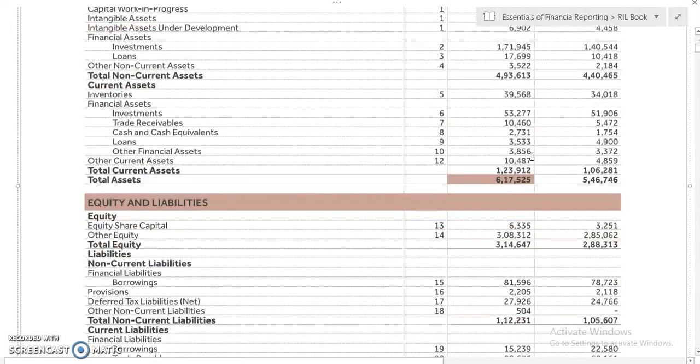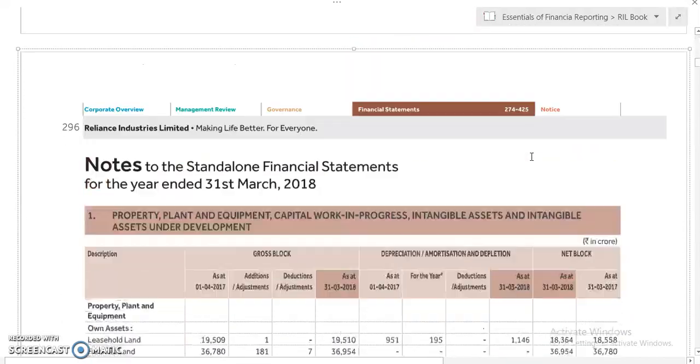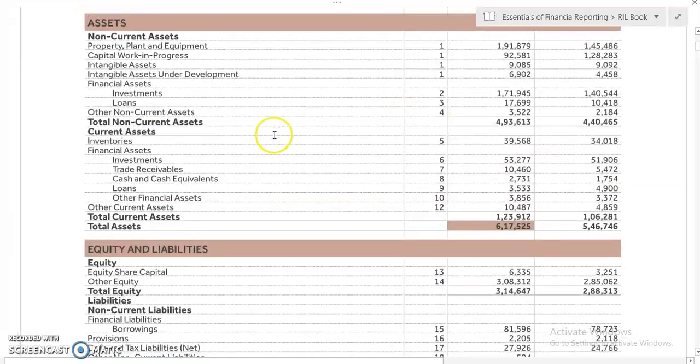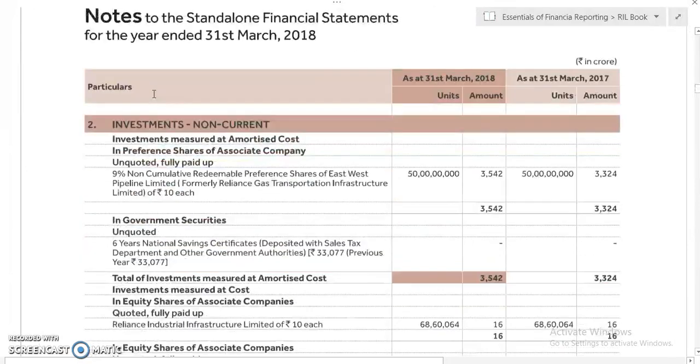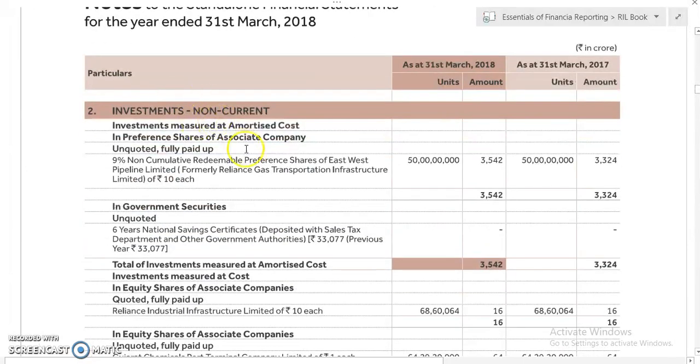So now let's look at the other items. We have looked so far at the property and these assets. Now financial assets, let's say investments. Investments is in number 2, right? So we go to number 2 and see investments, non-current. This is how they have put the money in. They have invested in preference shares of associate companies, which are their own companies.